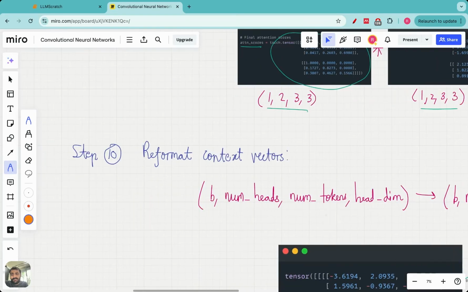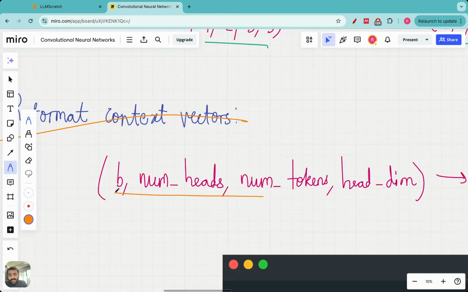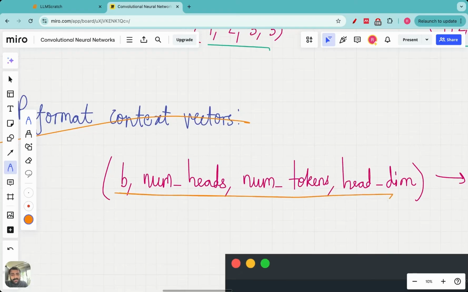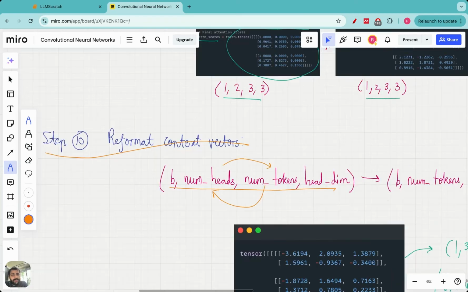So the next step is step number 10, and that is to reformat the context vectors. Currently the context vector shape is b, comma number of heads, comma number of tokens, comma head dimension. I want the number of heads to come here so that they are closer to the head dim, and I want the number of tokens to go here.